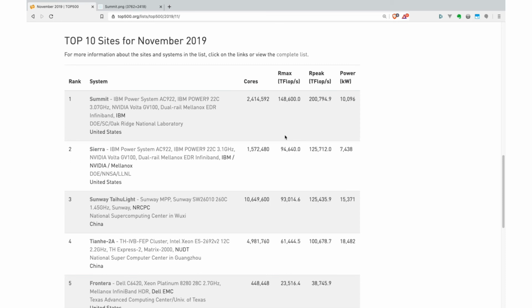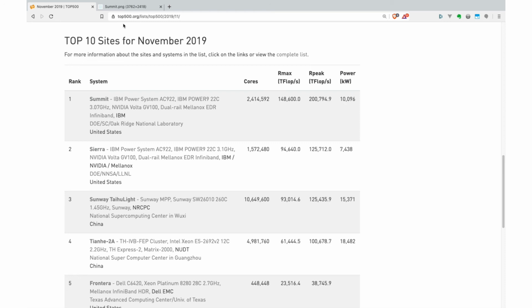To bring you more up to date with the latest and greatest, this is the number one ranked supercomputer on the top500.org website as of November of last year. They come out with rankings in November and June, I believe, so there will be other rankings coming out shortly. But Summit is a machine built by the Department of Energy.